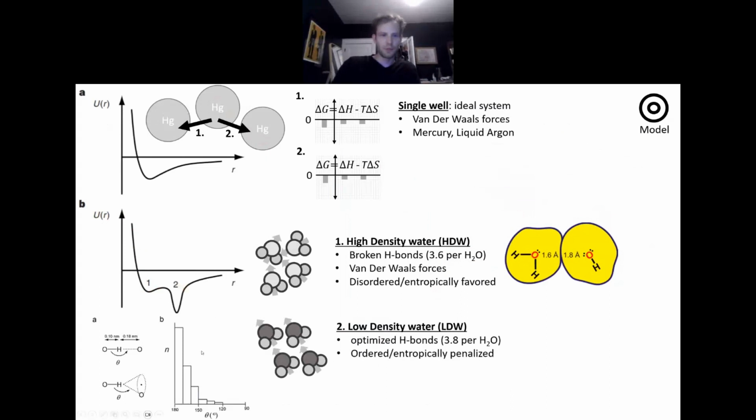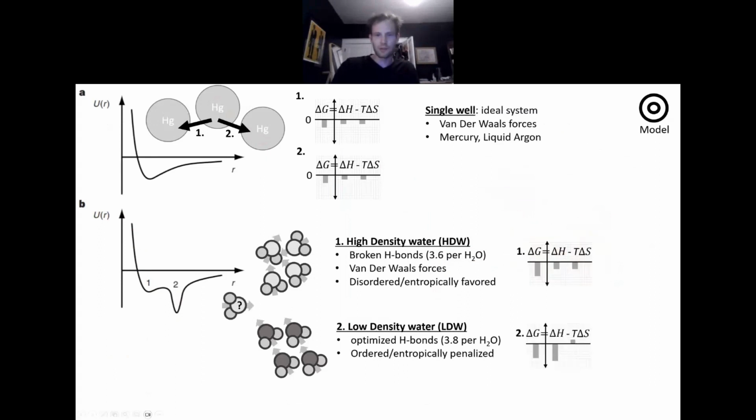The optimized hydrogen bond, the most energy you can get from a hydrogen bond, is when it's straight, so you have the oxygen in line with the hydrogen in line with the bonded oxygen's free electron pair. If you start to deviate from that straight line, you don't get the energy. So low density water is really narrow because the hydrogen bonds between these two molecules have to be perfectly in this narrow range. This actually pushes them apart, which is why it's farther out now, and leads to this want to be arranged in a tetrahedral pattern.